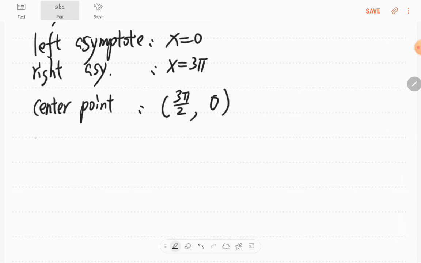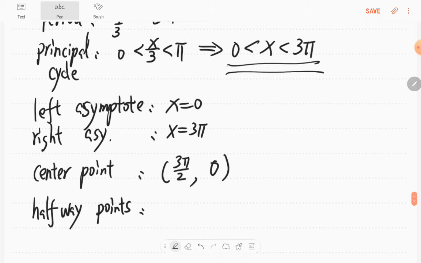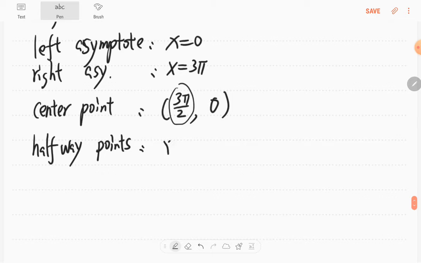We also need to look at the halfway points. One halfway point is the middle point between 0 and 3 pi over 2. So x equals 0 plus 3 pi over 2, divided by 2, right? This is the way we find the middle point. So it is equal to 3 pi over 4.